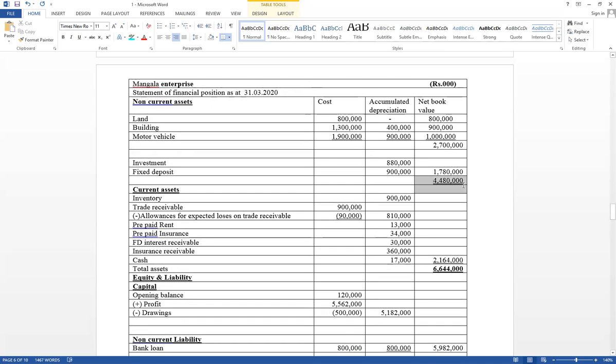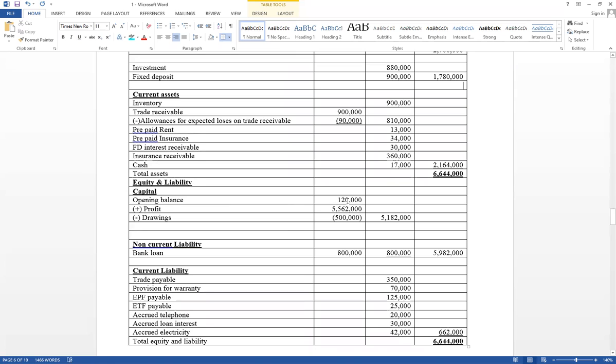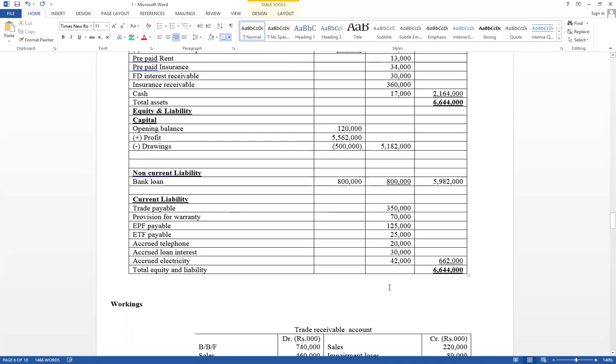Here no need to calculate total values. Then take the current assets total amount also. Then take all three values. This is total assets. And think about opening balance plus profit minus drawings. Equity closing balance can be calculated. Bank loan as well as current liability total value. Then total assets equals total liabilities.